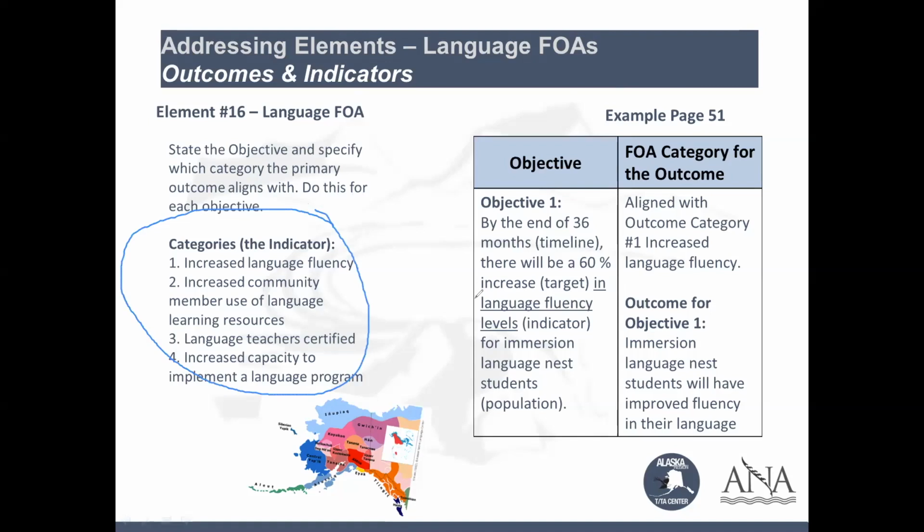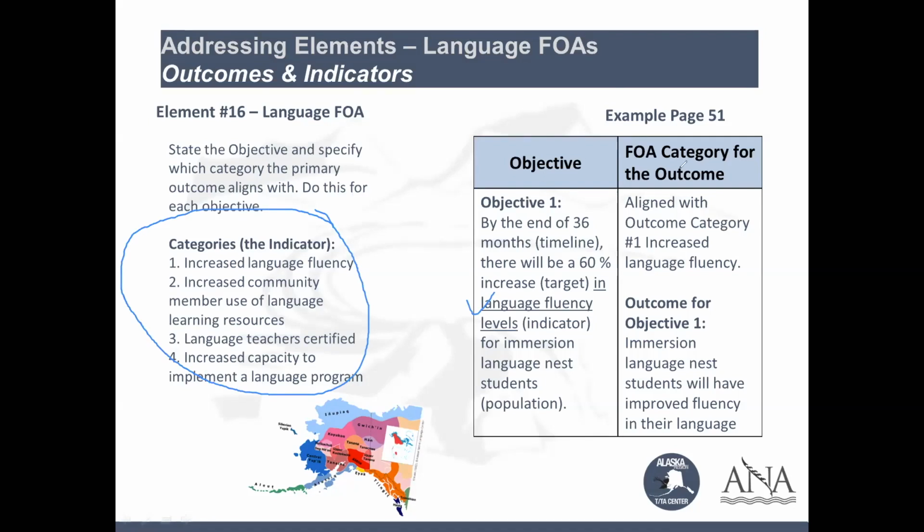In our example, we have language fluency levels as the indicator. So we will write what the objective is and then talk about the category it's going to address. The categories are the indicators.